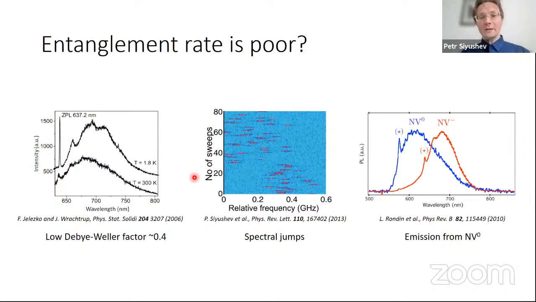The next drawback is strong spectral diffusion and spectral jumps, because the nitrogen vacancy center has a permanent dipole moment, and all surrounding charges, for example electrons in surrounding traps, or if it's placed close to the surface, some surface states, fluctuate, and therefore via the Stark shift your spectral transitions are always wobbling around.